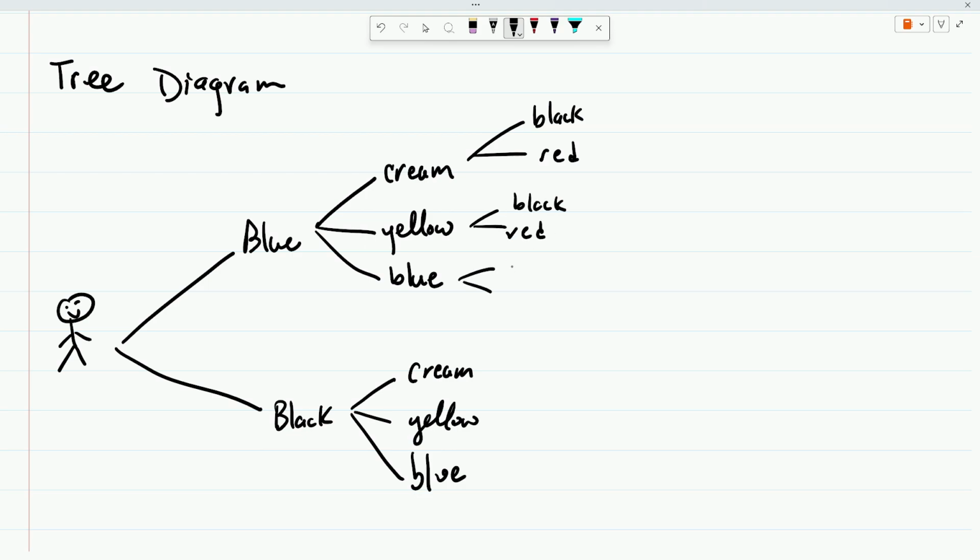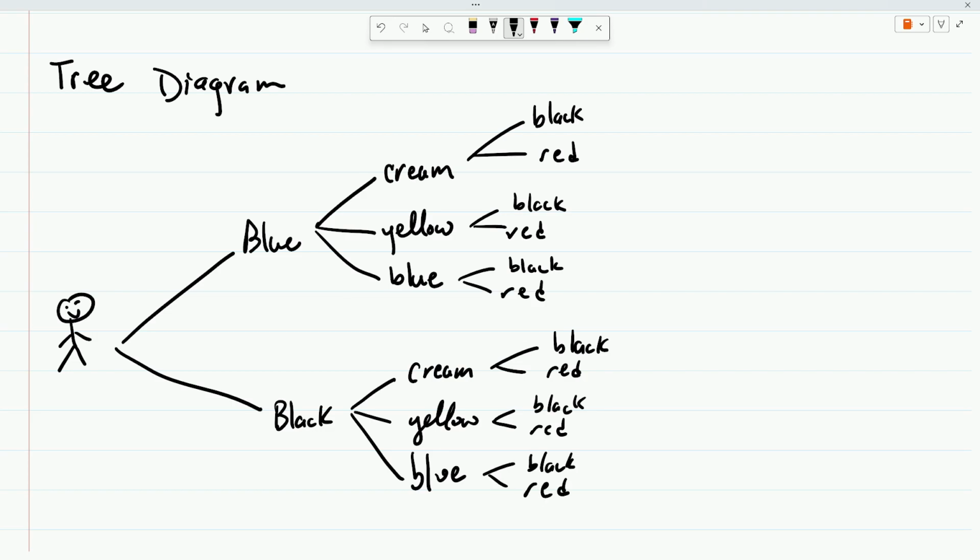And hopefully from here, you can see how much more organized this is, how much easier it is to flow. And then you can just count at the very end how many of these options you actually have. So it's really not that bad when you look at it like this.